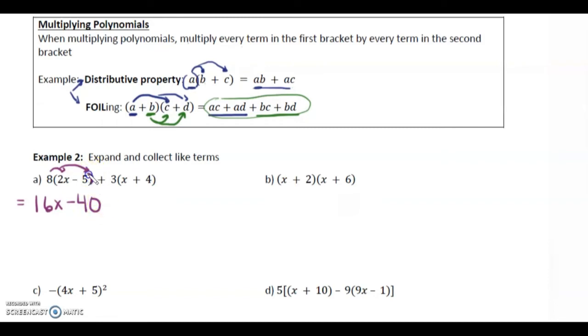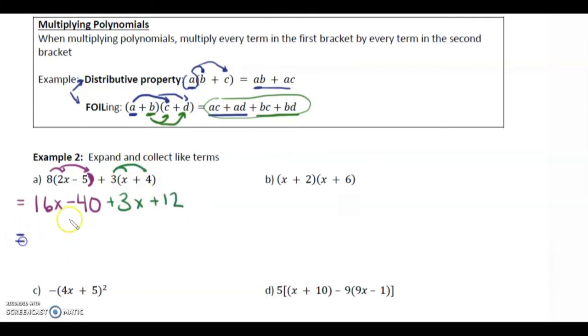The bracket stops here, so stop distributing that 8. Okay, the 8's done. Now we're going to take that 3 and distribute it into the second bracket. I changed colors. All right, 3 times x is 3x. 3 times 4 is 12.